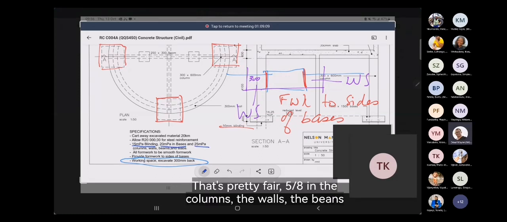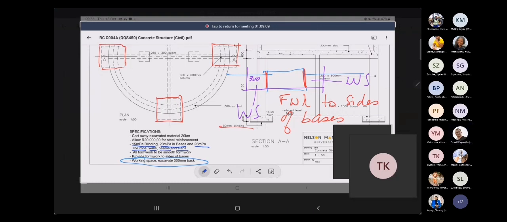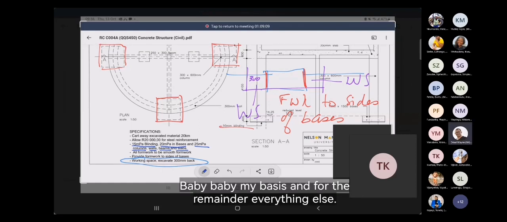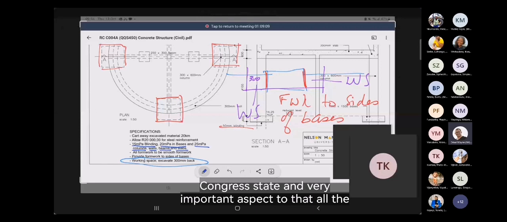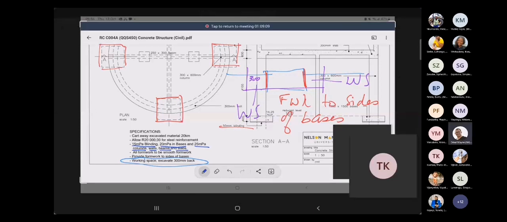Then 25 MPa in the columns, the walls, the beams, and the slabs. So 15 MPa in my blinding, 20 MPa in my bases, and for the remainder, everything else, 25 MPa. Concrete strength. A very important aspect to that: all the formwork to this reservoir is smooth bore.